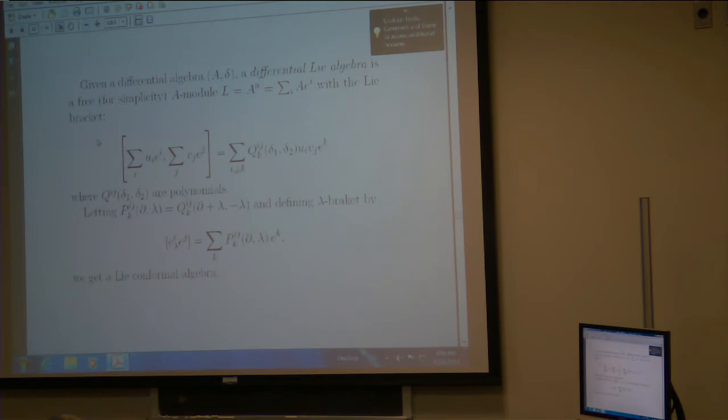Or you could say the ambient structure is also a differential algebraic Lie algebra. Then if I'm looking at its substructures, I would look at the objects that Bernard is describing.